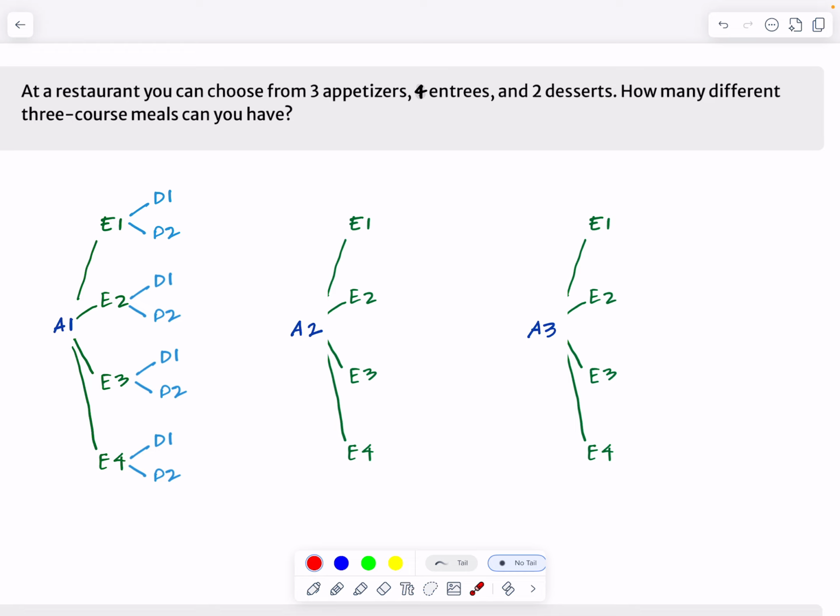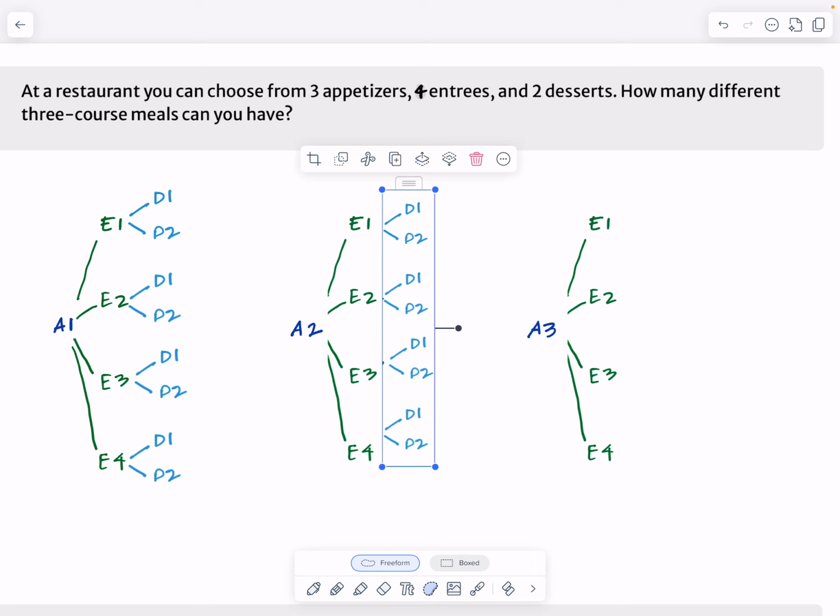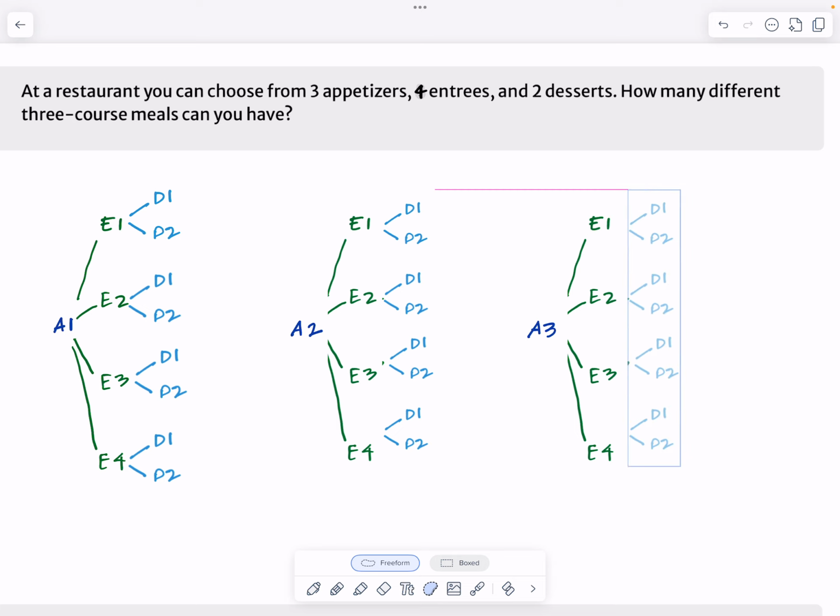And so just thinking about these little pathways that I've created, just in this one situation, now I've got 1, 2, 3, 4, 5, 6, 7, 8 different choices that I could make. And I also know I have all of those same choices for desserts in the second situation where I get appetizer number two, and the same thing is going to happen in the third situation when I have appetizer number three.